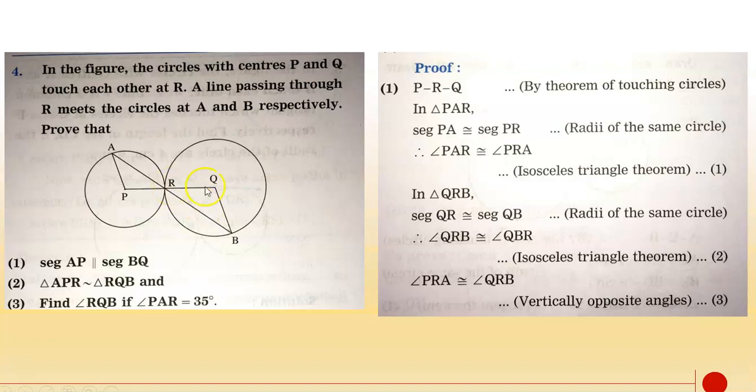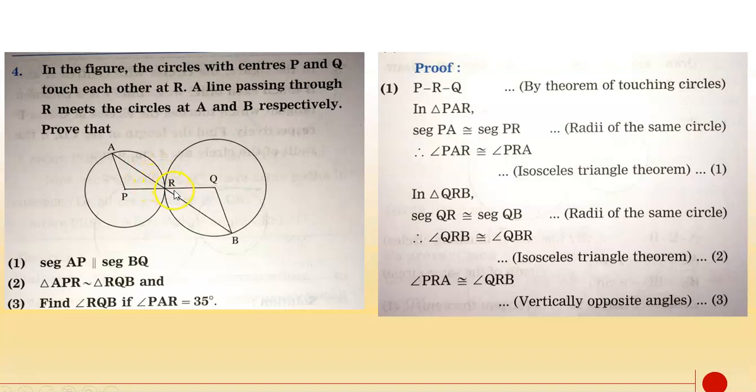Similarly, in triangle QRB, segment QR is congruent to segment QB, radii of the same circle. Therefore, angle QRB is congruent to angle QBR. Again, the reason is the isosceles triangle theorem. Now next I have angle PRA. This angle and angle QRB are vertically opposite angles, so they are congruent.